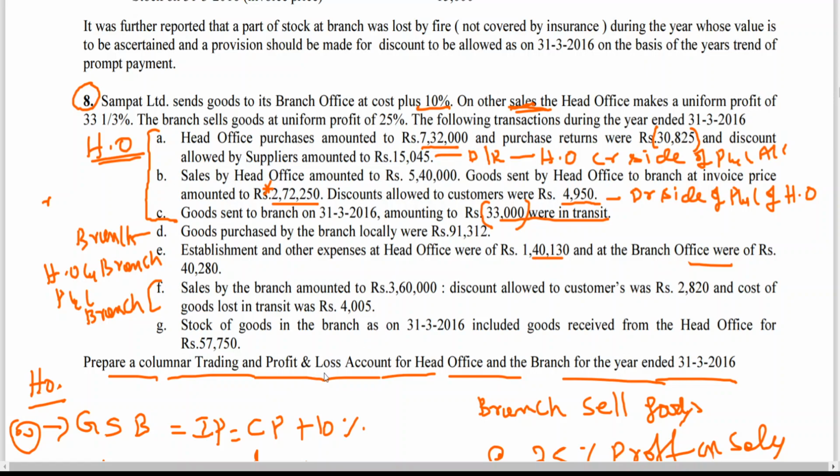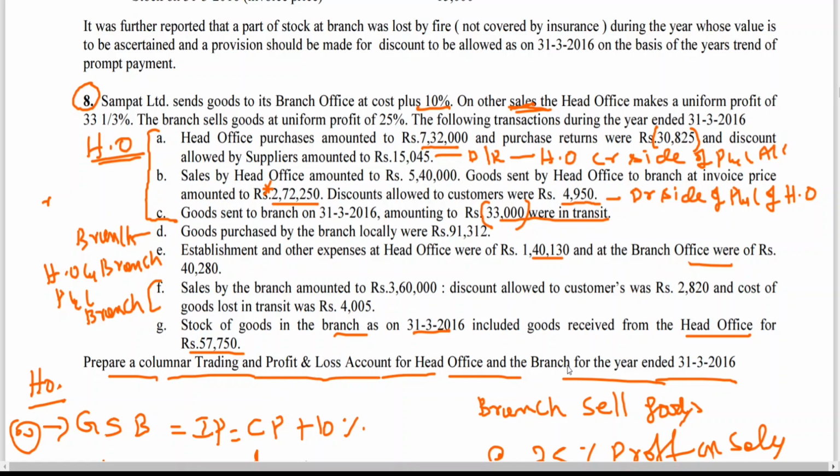It is to be credited to branch trading account, credit side. Stock of goods in transit, including stock of goods in the branch on 31st March 16, including goods received from head office, is rupees 57,750. Unrealized profit. Whenever you are having closing stock of branch, I will not stress a lot on this point. You all have learned that in department accounts: unrealized profit in the books of the receiving department relating to the sending department, transferor, transferee.